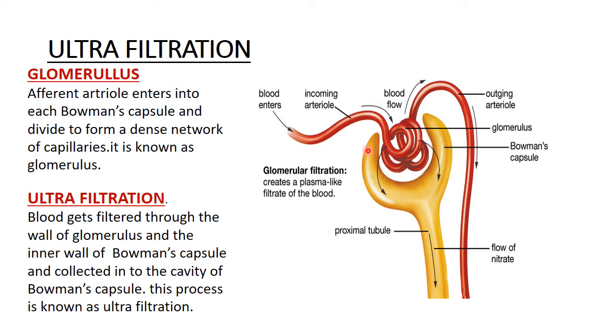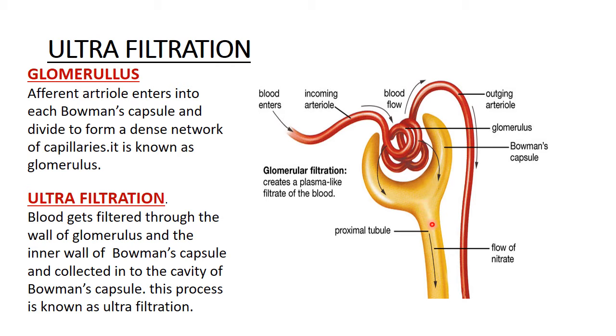After that, a second filtration happens through the Bowman's capsule. So ultrafiltration means blood gets filtered through the wall of the glomerulus and the inner wall of Bowman's capsule, and finally it is collected into the cavity of Bowman's capsule. This process is known as ultrafiltration. After filtration, we call it a glomerular filtrate.